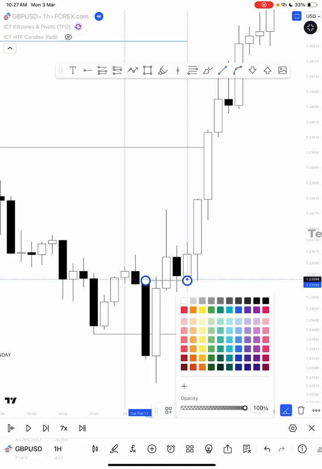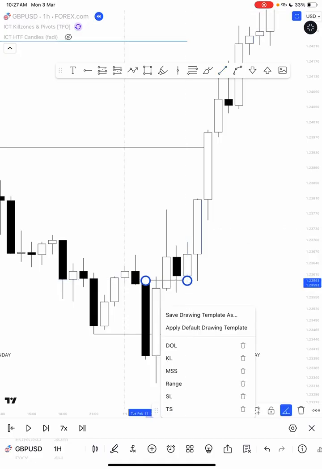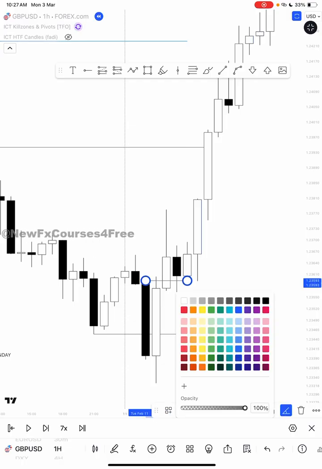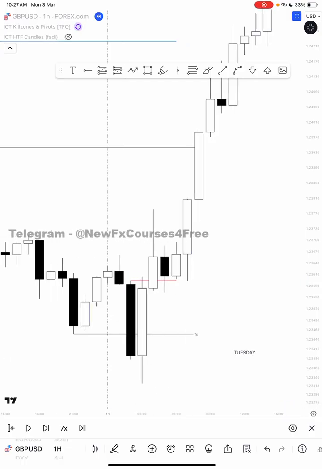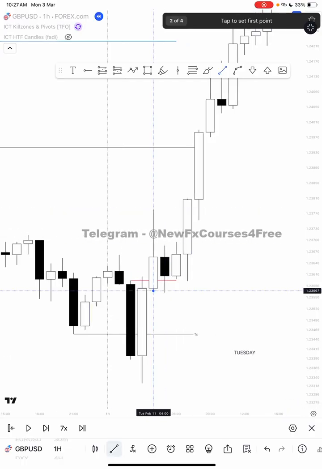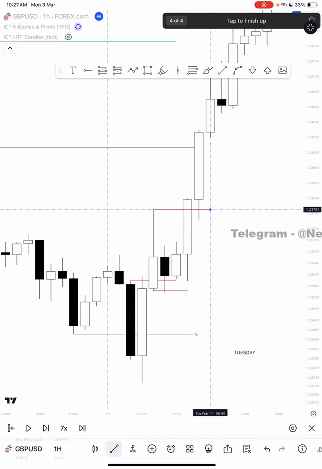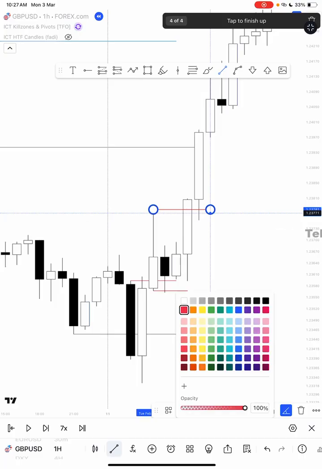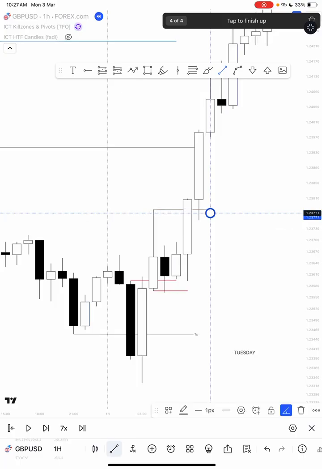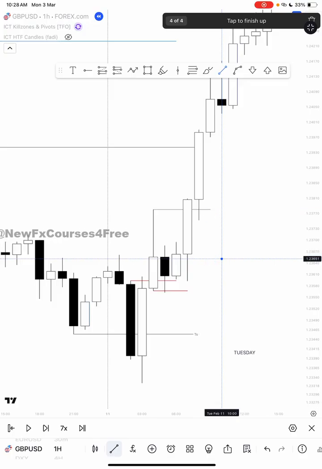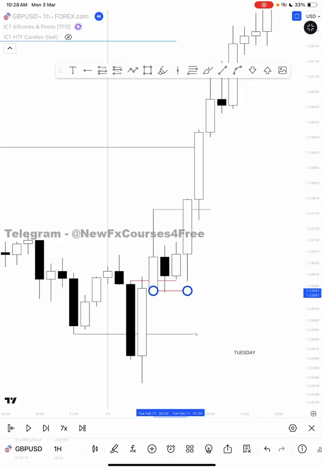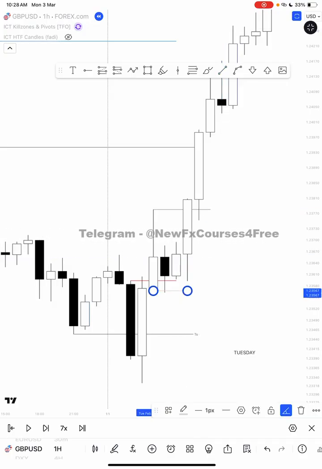As your key level. Let me put this red. Then you got your CRT low and your CRT high. So remember, I told you guys that CRT highs and lows can also be used as a key level.